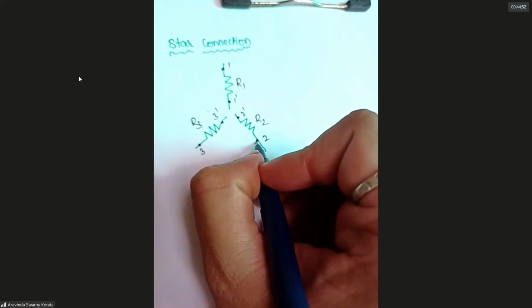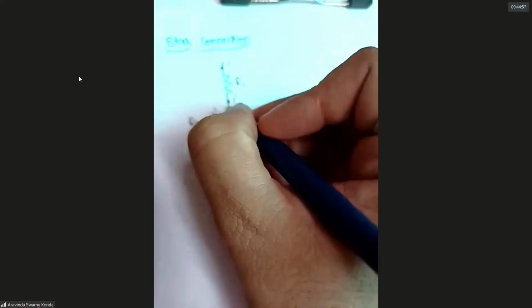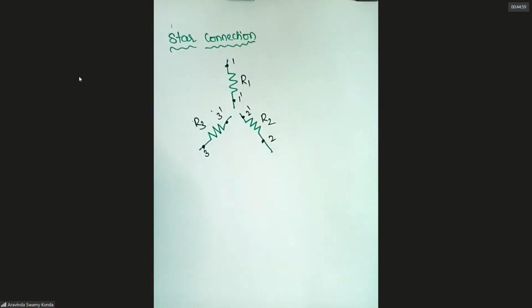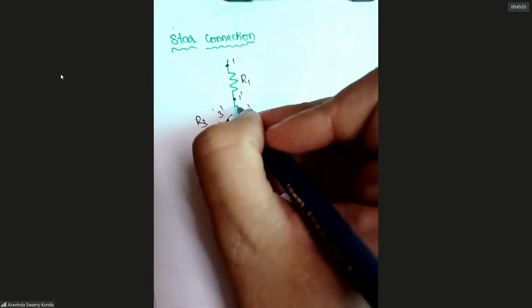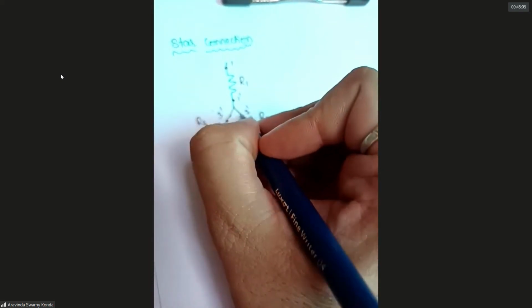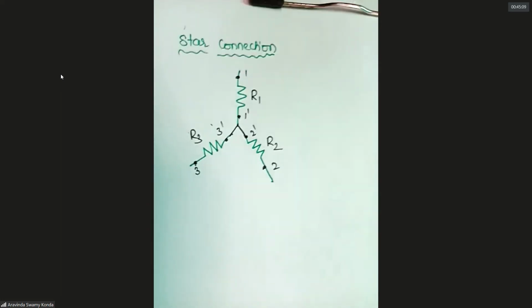So this is the first terminal, last terminal. This is the second resistor, first, last, third resistor, first, last. So all the one ends are connected together.